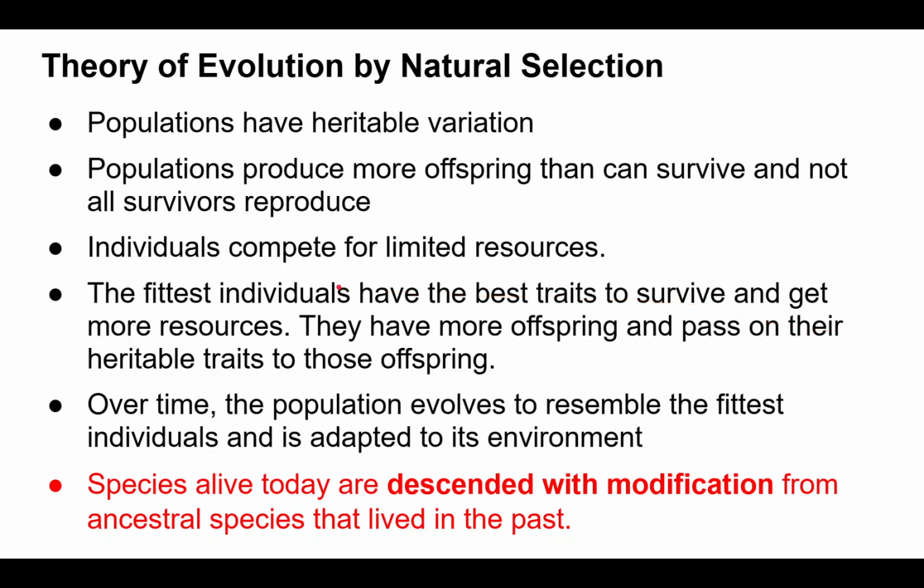Now, the theory of evolution by natural selection is mostly the parts that we talked about with natural selection. So we have populations that have heritable variation. Those populations produce more offspring than can survive, and not all the survivors reproduce because there are limited resources here, right? And not everyone survives. We have individuals competing for limited resources.